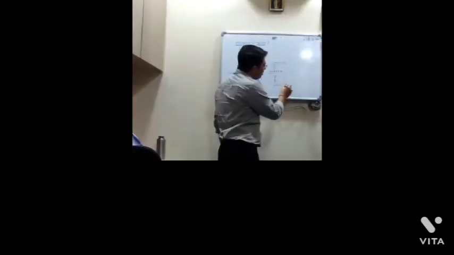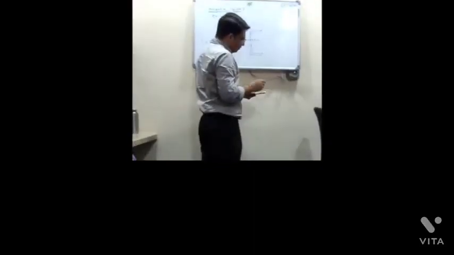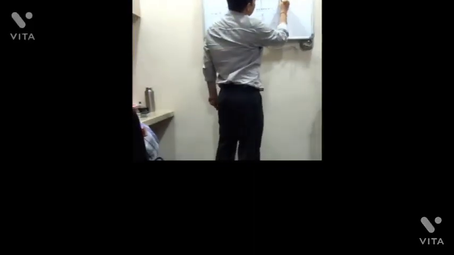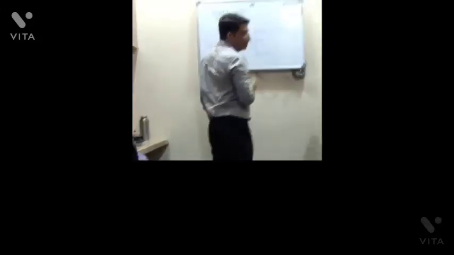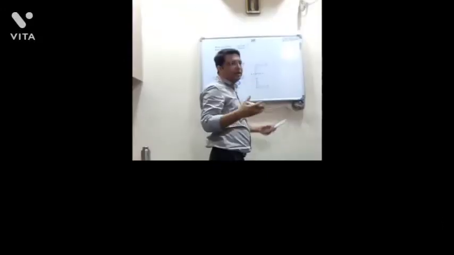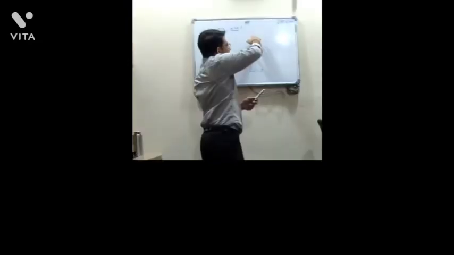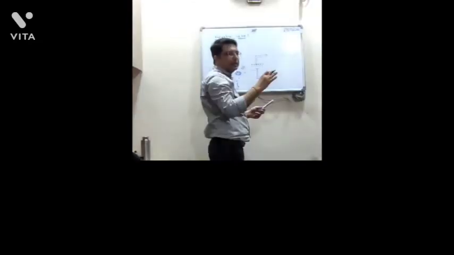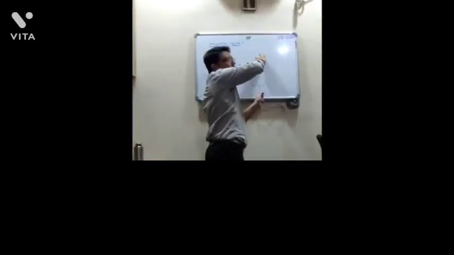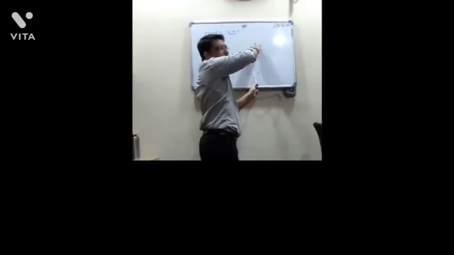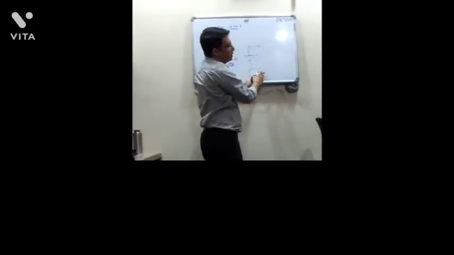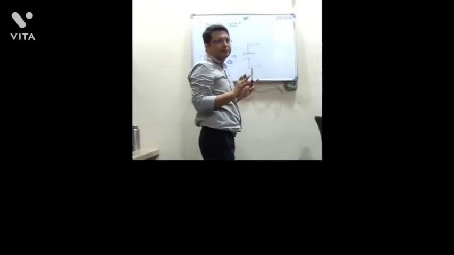But it cannot complete the path. So you will not experience anything. If you touch only this portion, you will not experience anything, unless you touch both the portions, top and bottom.